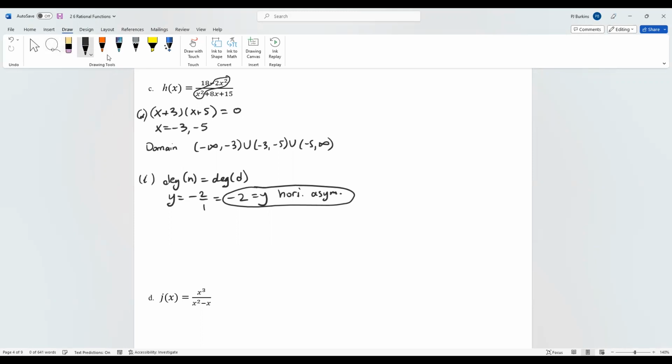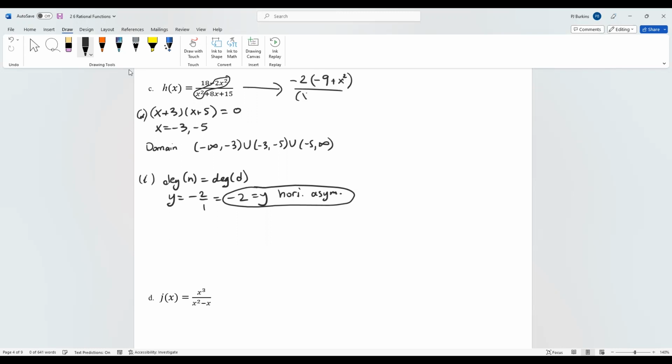So the real question is, what happens if we factor the numerator as well? Well, what's in common there? I see that both of those have a 2 in common. I think I'm going to factor out a -2. So if I take out a -2 out of the numerator, -2 times -9 gives me back 18. -2 times positive x squared gets me back -2x squared.